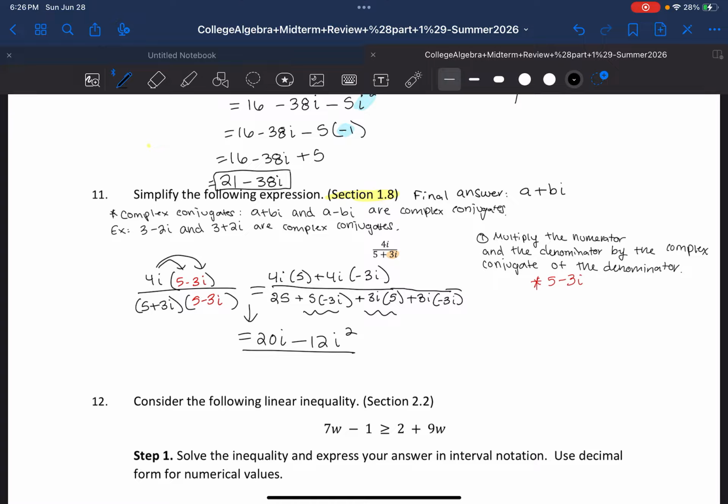Once you multiply that, 5 times negative 3 is negative 15. So that'd be negative 15i plus 15i. So those are opposites, they will cancel. So I will bring down the 25 on the denominator. And over here, this will give me negative 9i squared.